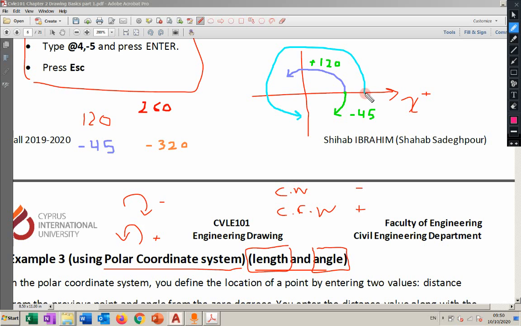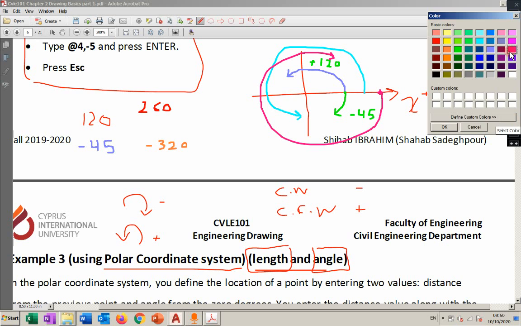Look, it still starts with the positive x-axis. This is the starting point for AutoCAD. Then it goes in the direction of clockwise, negative. This is 90, then comes here will be 180, then comes here will be 270, then somewhere around here will be 320. So it's going to stop somewhere here. This is how AutoCAD measures angle.